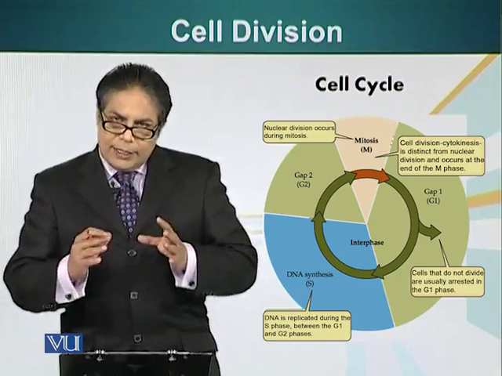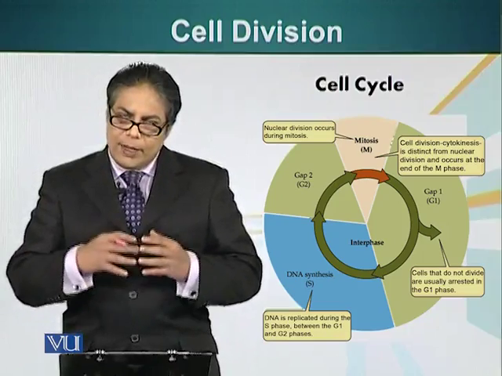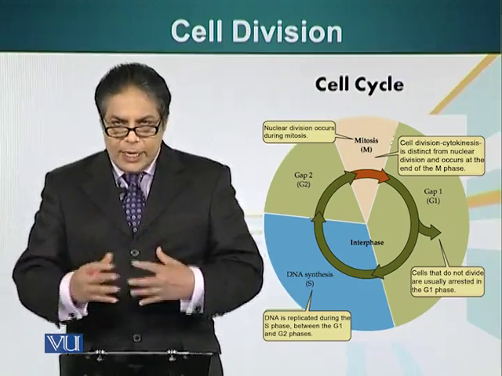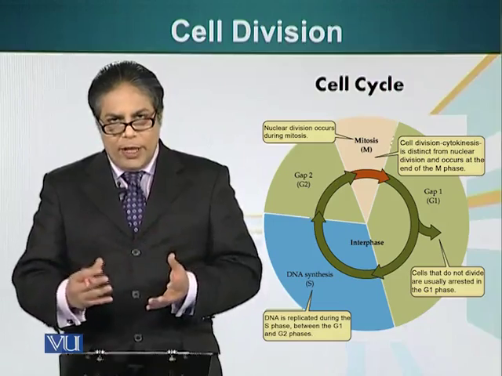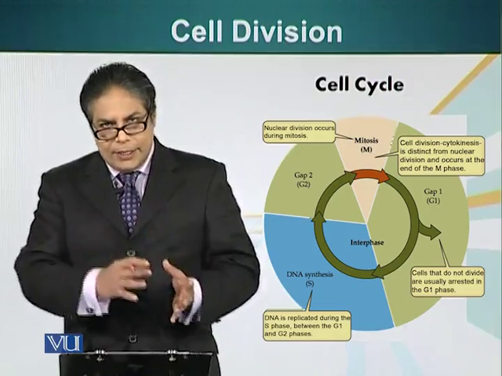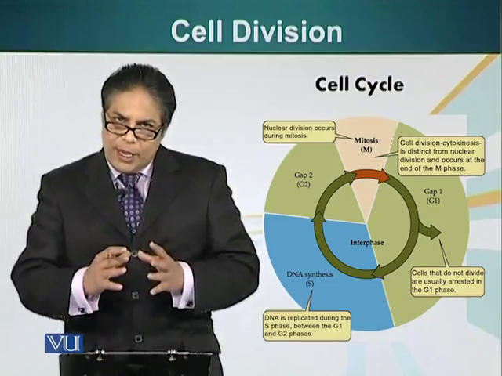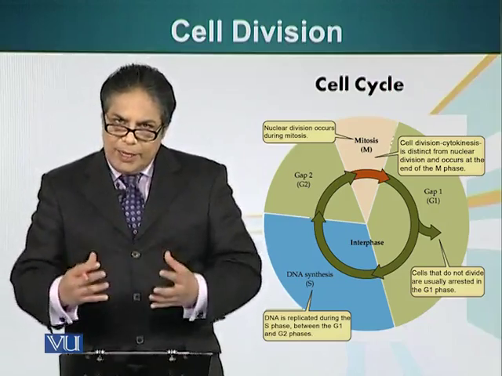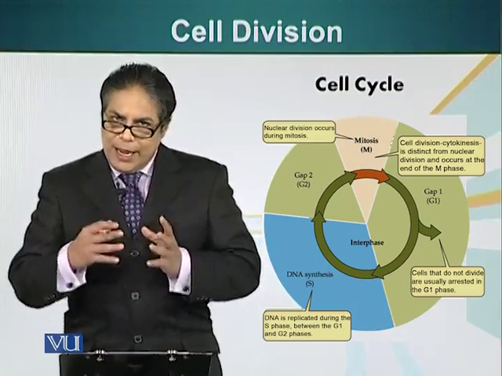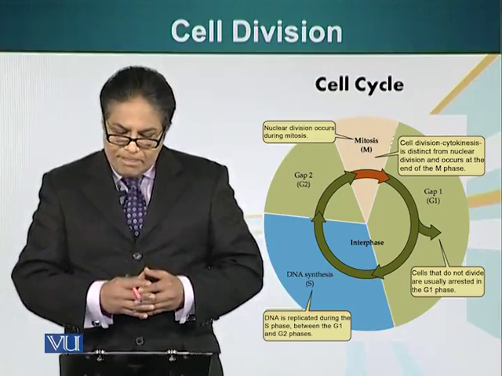G1 is an abbreviation for gap 1. In this phase, the cells seem to be resting. They are not involved in any activity related to cell division. Although the cells may seem at rest, their metabolism is active, and they are actively pursuing their other activities.